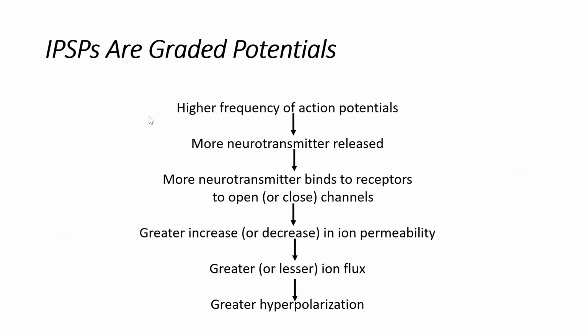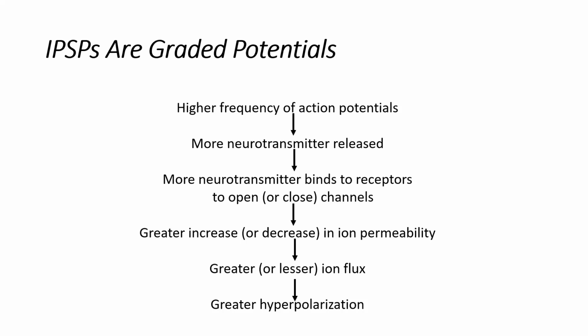Okay. And just looking here at the events of how IPSPs or these graded potentials can lead to cellular response. If we have a higher frequency of action potentials, we have more neurotransmitter being released from our presynaptic neuron. We have more of that neurotransmitter crossing the cleft, binding to those receptors, either opening them or closing them, respectively.